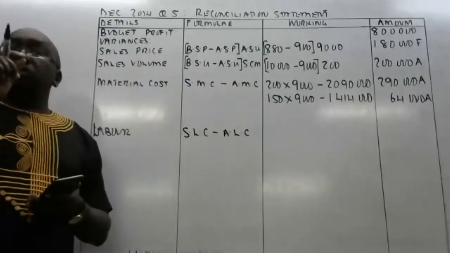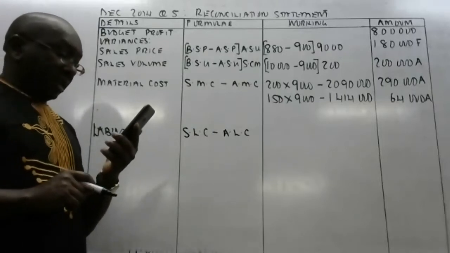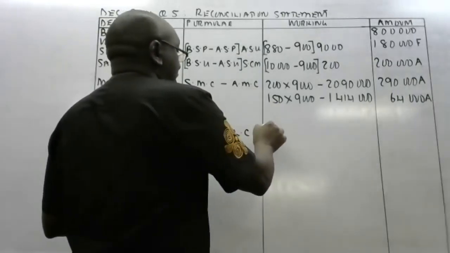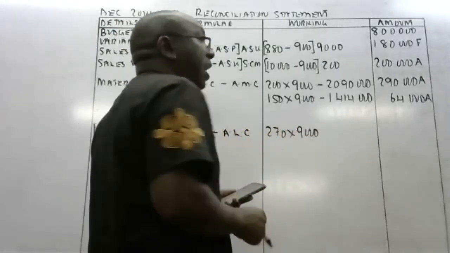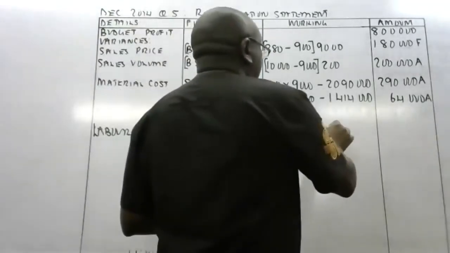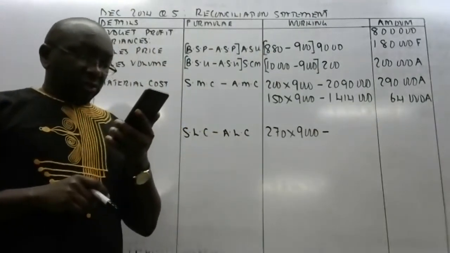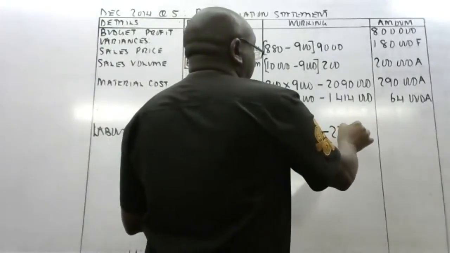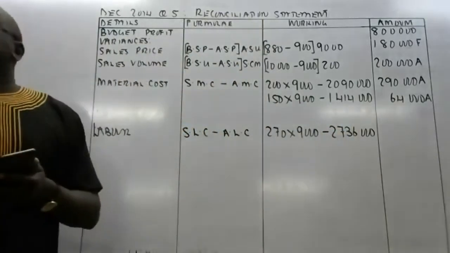Looking at the standard card, 1 unit was supposed to cost us how much for riba? 270. You multiply by the actual units produced, 9,000. Then going down to the actual results, it was 2,736,000.